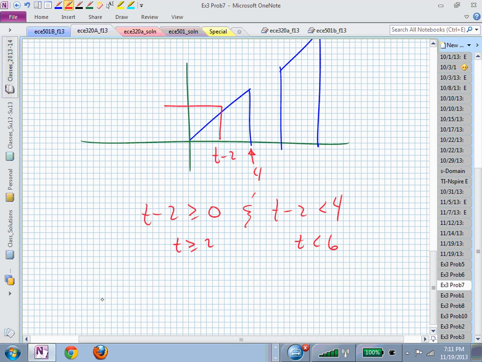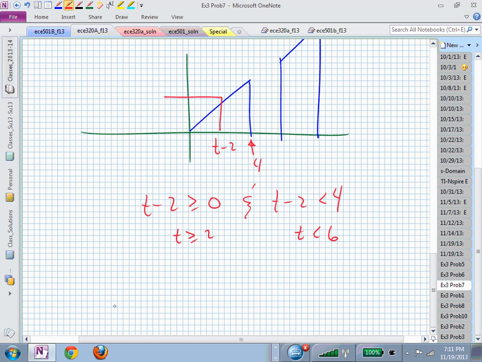This one, what's my integral here? Let's just see if we can, y of t now. Functionally, what's the integrand? I still have lambda, right? And then I have 2. What are my limits of integration?